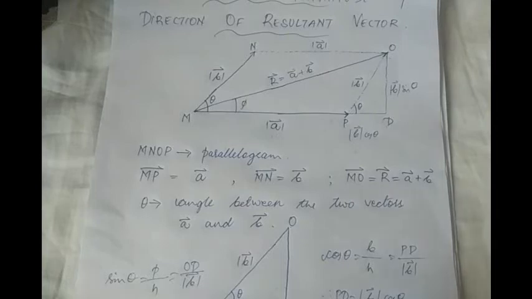Now, in order to calculate the magnitude, let us look at the right angle triangle MOD, which I have drawn over here also. This angle is phi, and this is the resultant R whose magnitude we want to calculate. OD we know is B sine theta, and MD is A plus B cos theta.